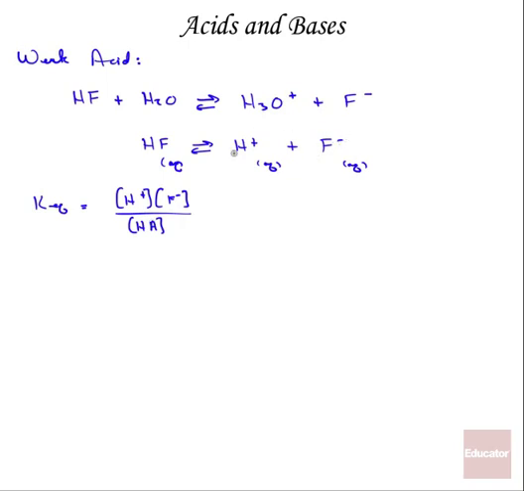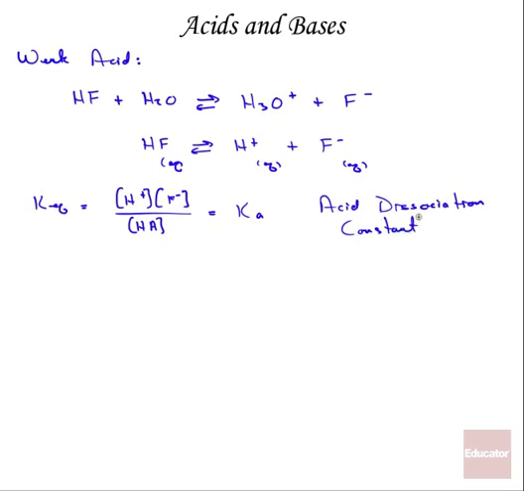So it's products divided by reactants. Because we're talking about the standard acid reaction, we call it Ka, A for acid. It's called the acid dissociation constant. And there are lists of acid dissociation constants for the different weak acids.